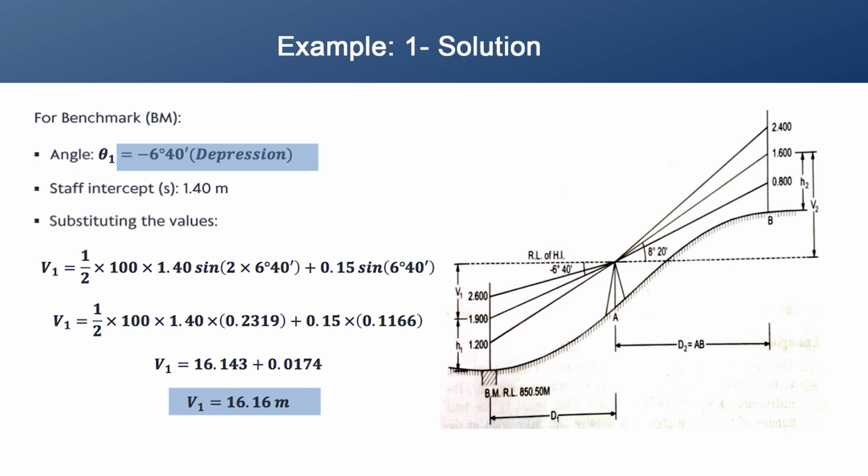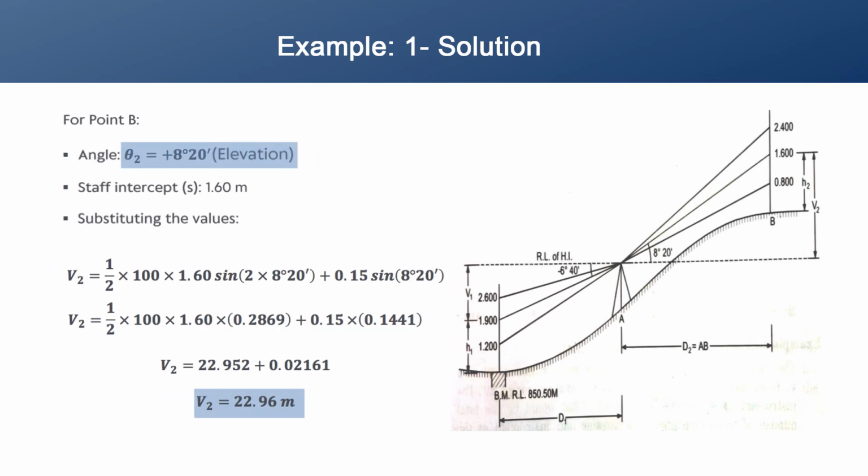From this we get V1 is equal to 16.143 plus 0.0174. So, V1 is equal to 16.16 meter.